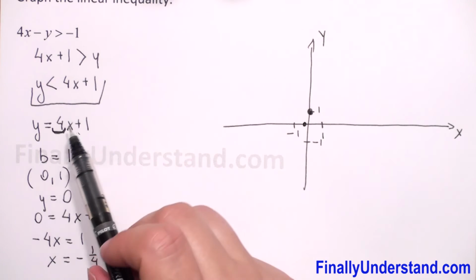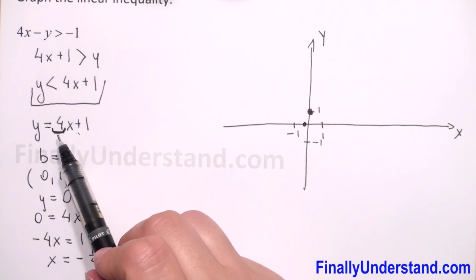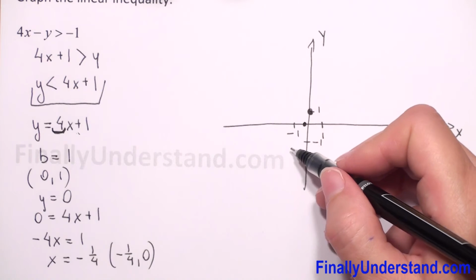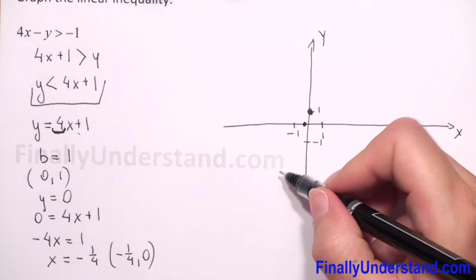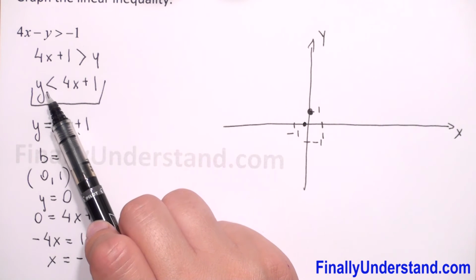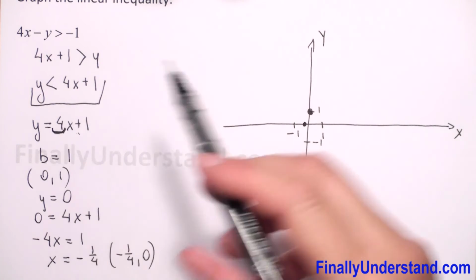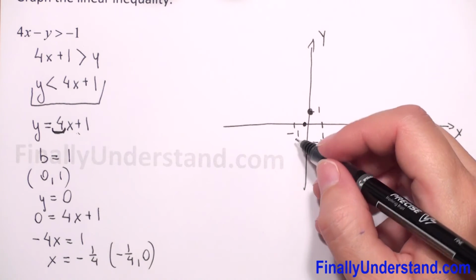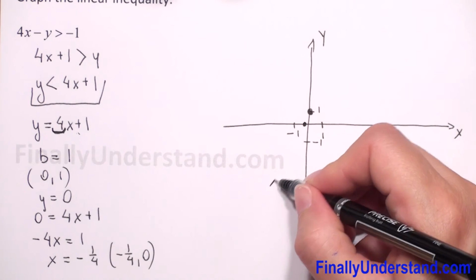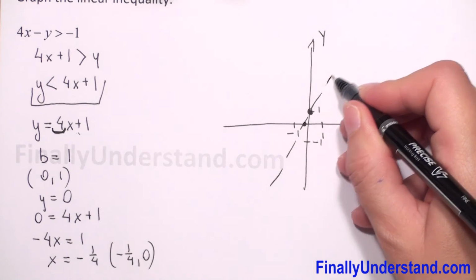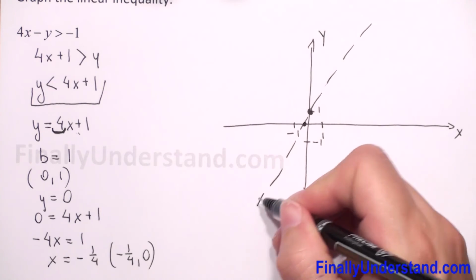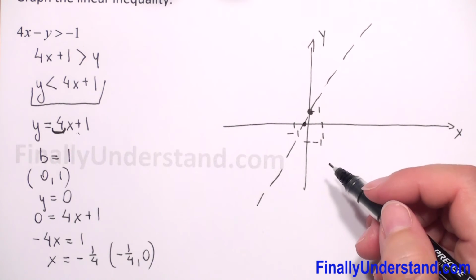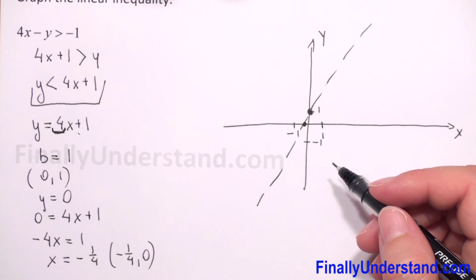Like I said, because we have a positive coefficient before x, our function is going up. And because we have y is less than 4x plus 1, we have to use a dashed line. It means that this line does not belong to the solution.